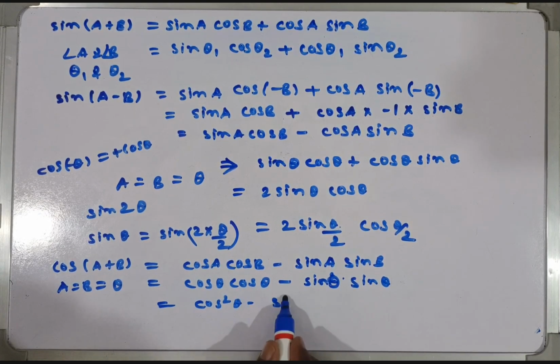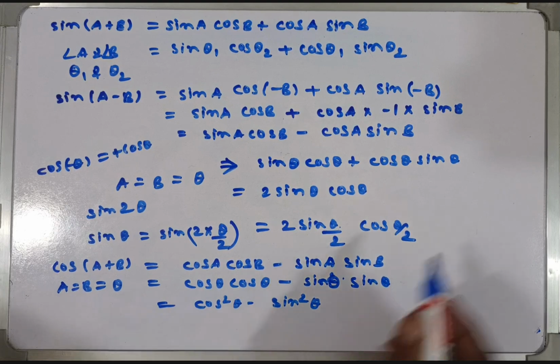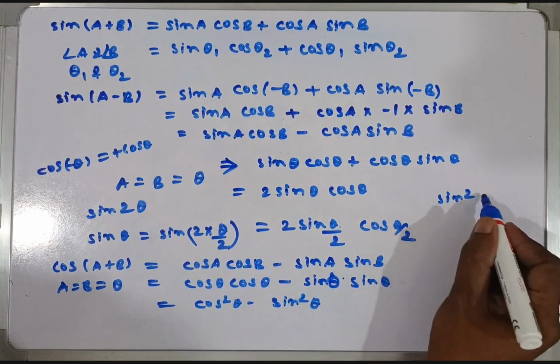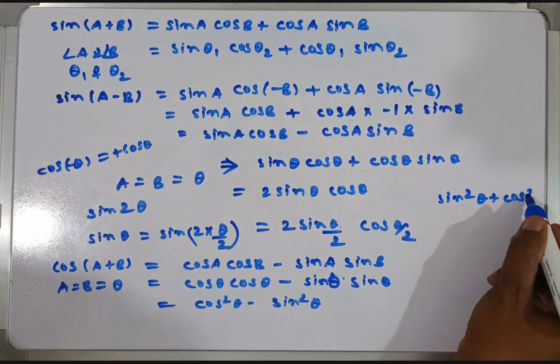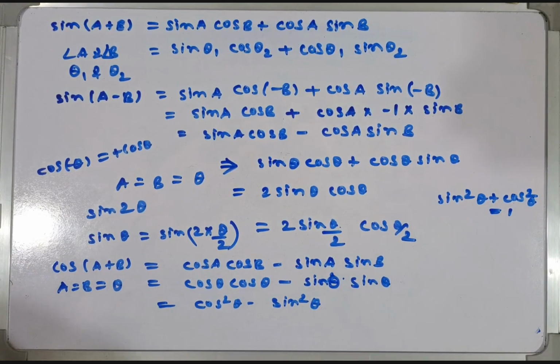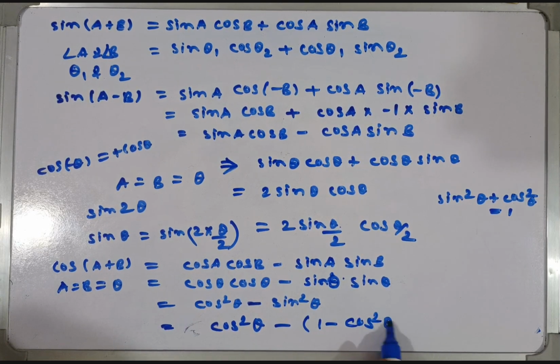theta minus sin square theta, and you guys know sin square theta plus cos square theta equal to 1. So if we put the value of sin square theta, this becomes 1 minus cos square theta, or this becomes 2 cos square theta minus 1.